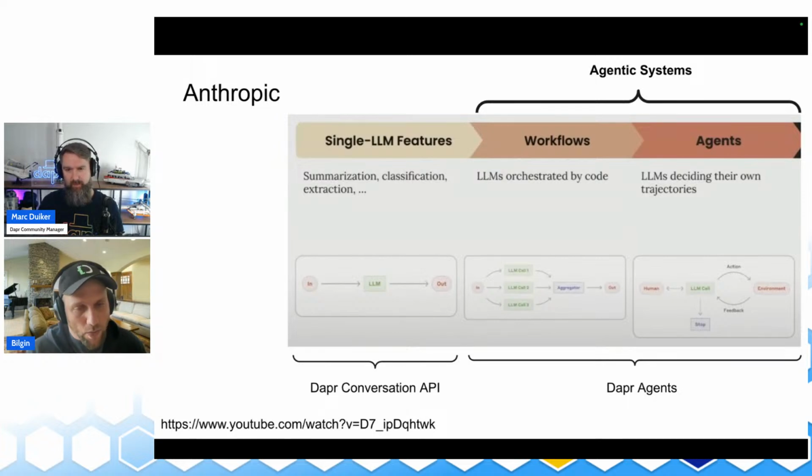For example, the Dapr Conversation API alone, I wouldn't say that's an agent or agentic system, right? But it's a foundational block that you can use to create an agent. Then Dapr Agents has capabilities that you can use to create an agentic system, whether they are more autonomous or more workflow-based, which we'll see later.